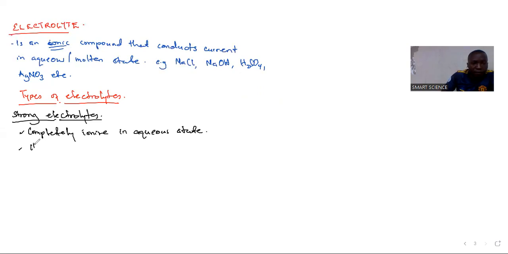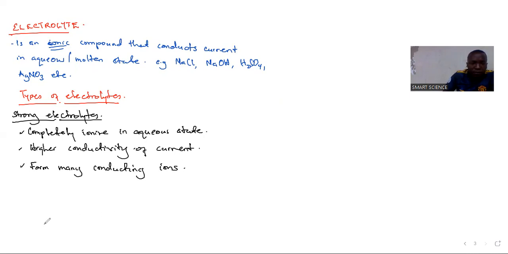They have a higher conductivity of current. They conduct by ions, therefore they form many conducting ions when they completely ionize.